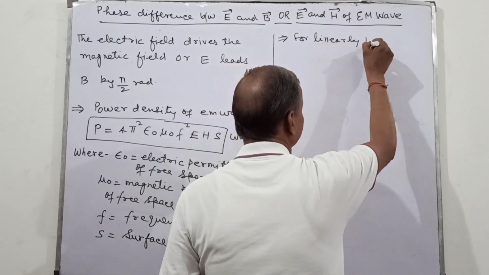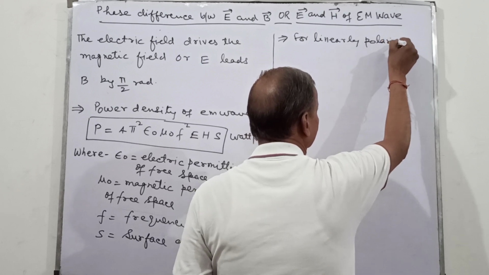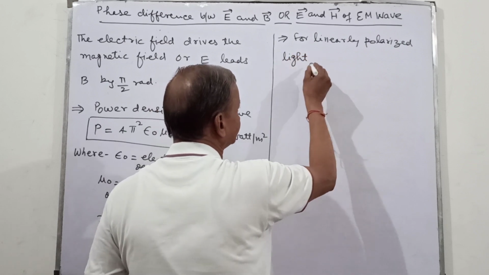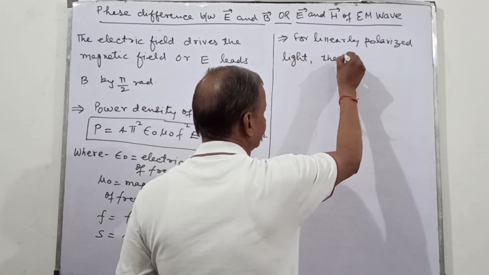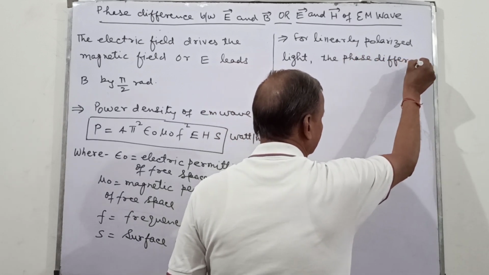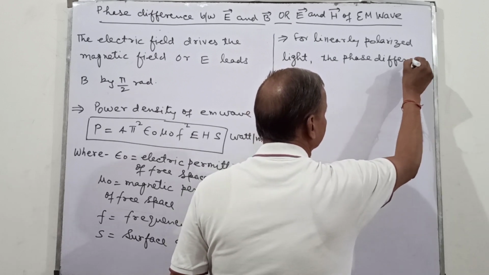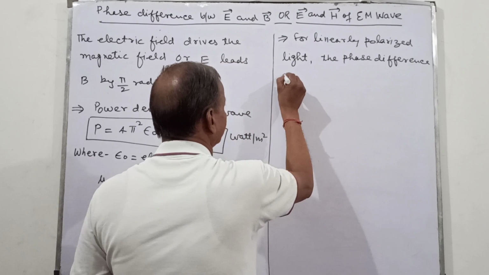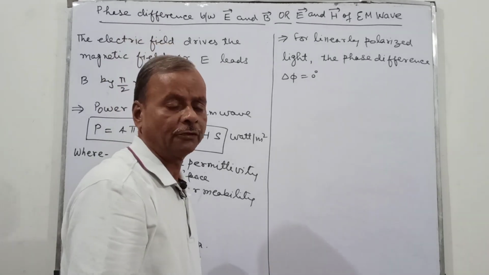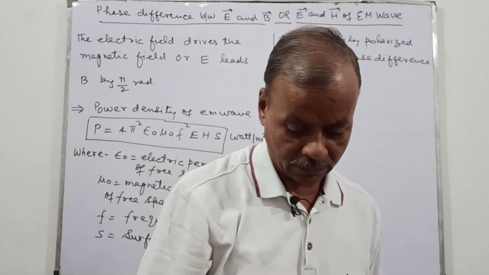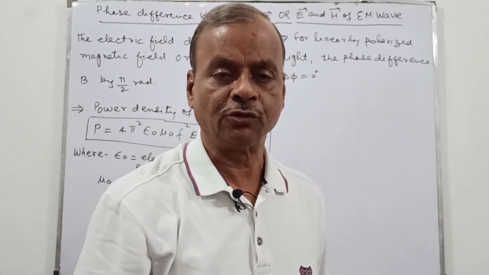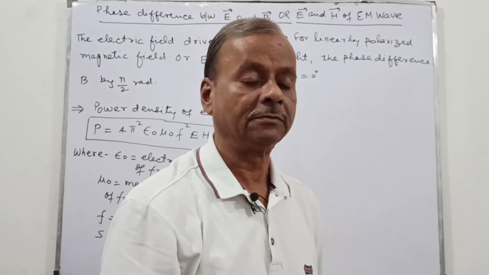For linearly polarized light, the phase difference delta phi is equal to 0 degree. So now the electric and magnetic field both oscillate in the same phase, though they are mutually perpendicular to each other.